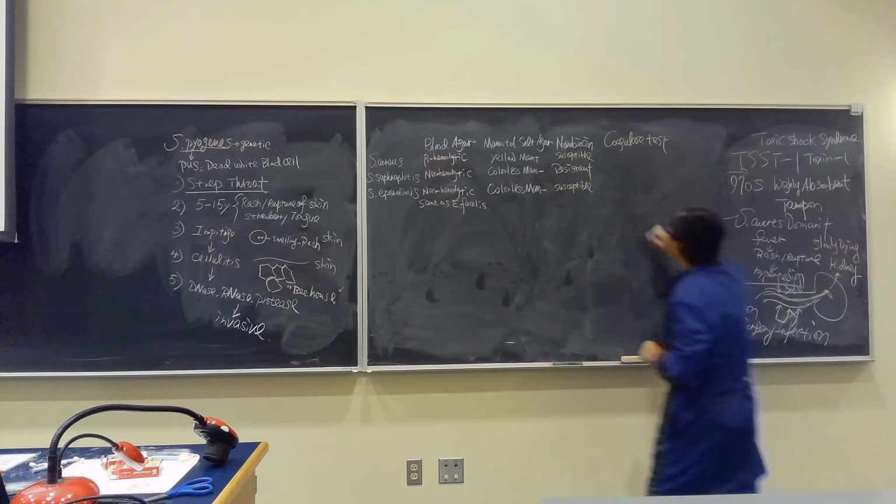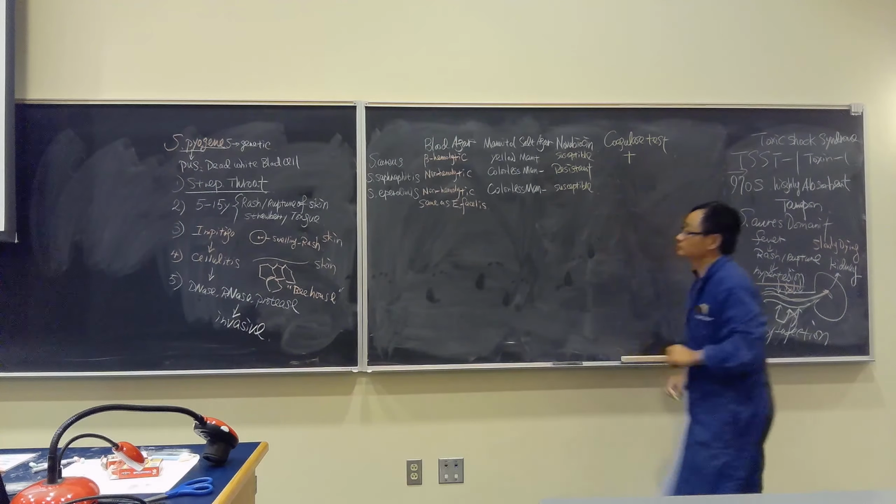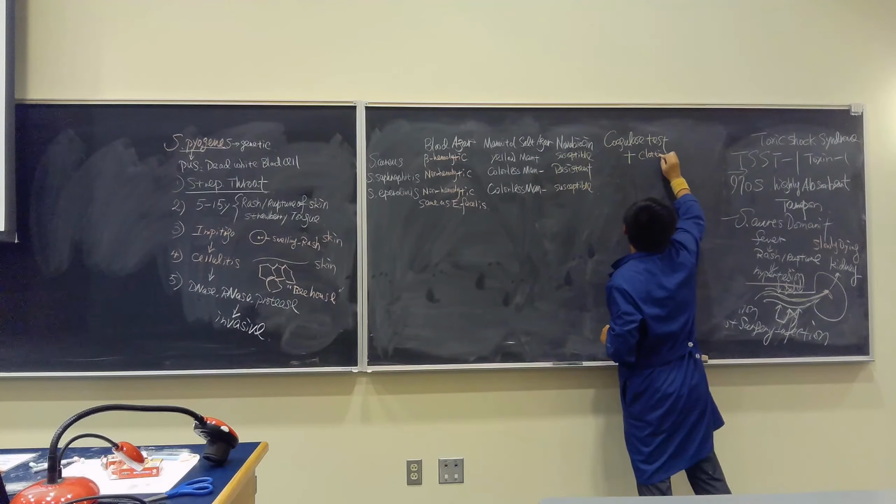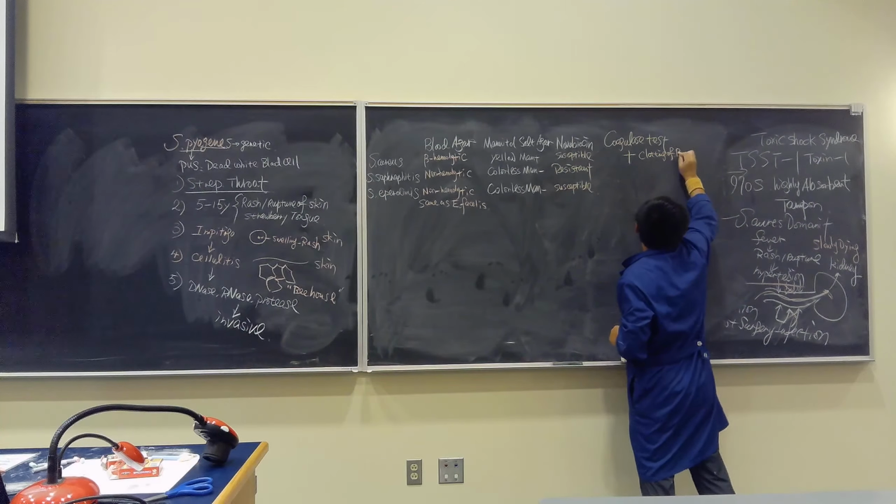Staphylococcus aureus is positive, which means clotting of blood plasma, or blood cells, just to say. Staphylococcus saprophyticus and epidermidis are negative. Both, no clotting.